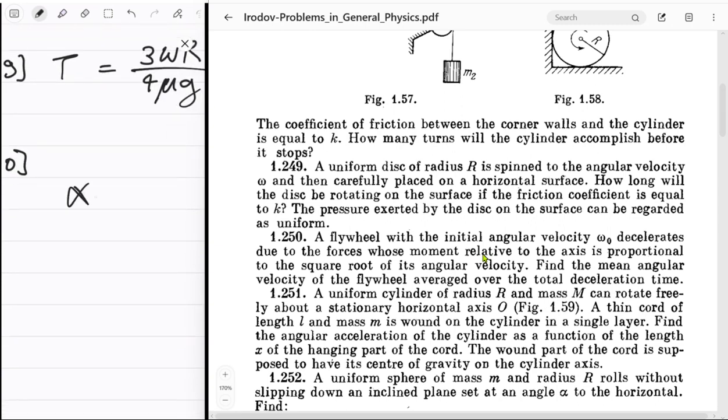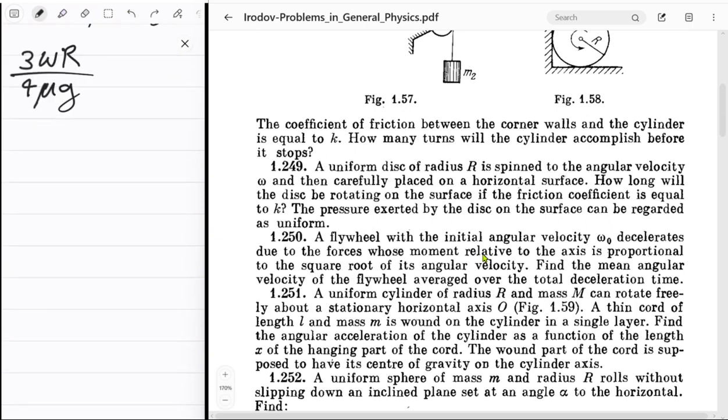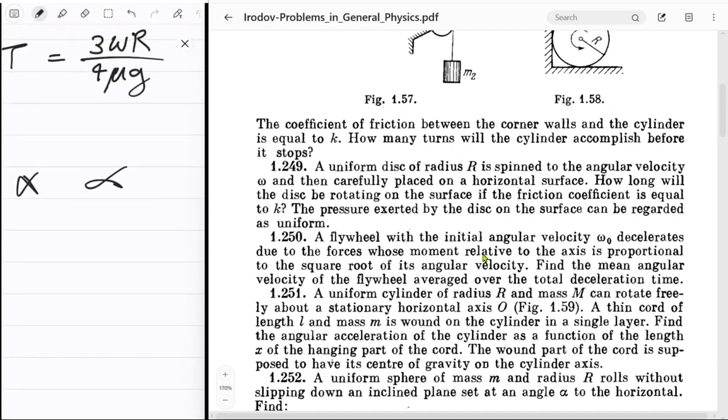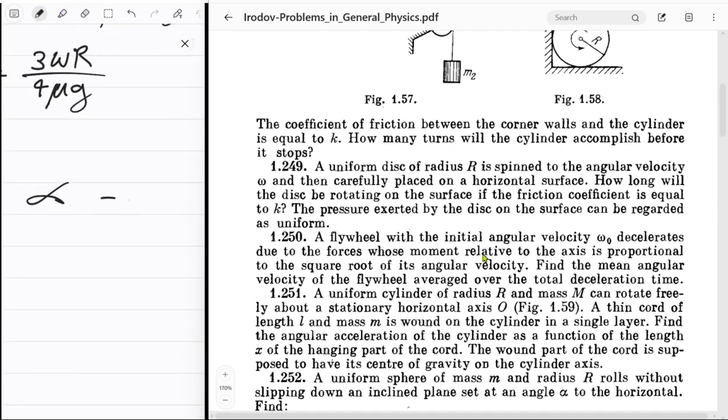Our angular acceleration, alpha, is proportional to, or rather deceleration, negative square root of omega. Sorry, square root of omega, not omega naught. Initially it was just omega naught, and now it's this thing.